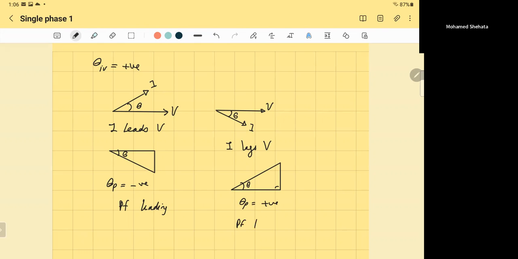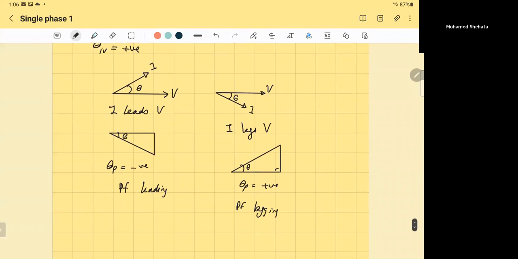The power factor is lagging. Why? Because when you find the power, you multiply the voltage by the conjugate of the current. You flip the current. That's why. But don't be confused. If you're looking at the current and the voltage, if the current lagging, it's lagging power factor. If the current leading, it's leading power factor. That's right. But if you are looking at the power triangle, it's the opposite.